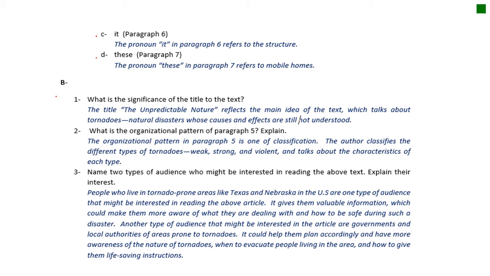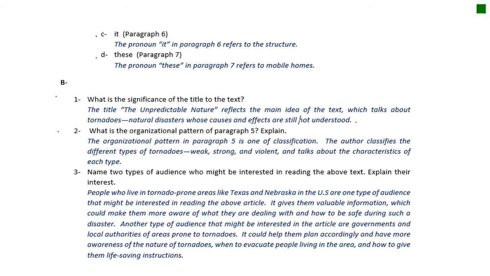Okay, so the answer, the title, the unpredictable nature, reflects the main idea of the text, which talks about tornadoes, natural disasters whose causes and effects are still not understood. Okay, so this is why this title is significant, because it reflects the main idea of the text. If you want here, you can also add this. These ideas are further elaborated in the body paragraphs.